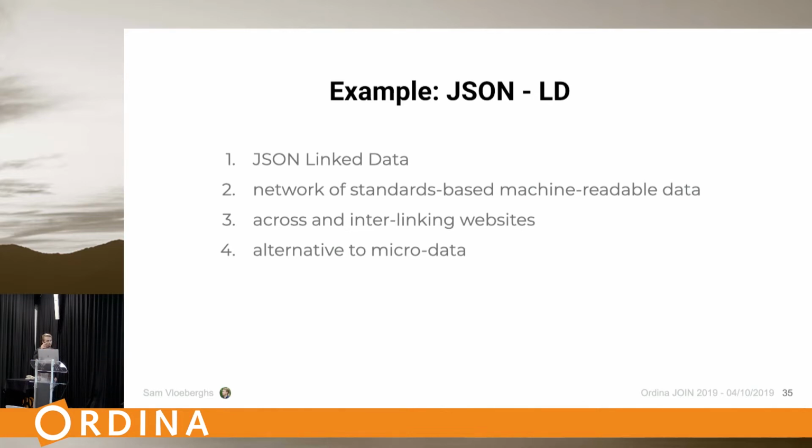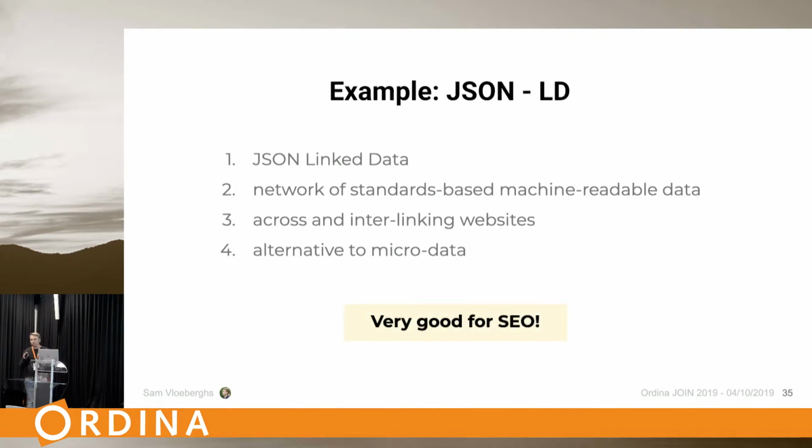So, for example, on a product page of a web shop, it gives a 4 out of 5 stars rating. It's an article, of that type of article. And it allows you to interlink across the internet. And it's an alternative to microdata. But I'm not going to go into depth about those details.